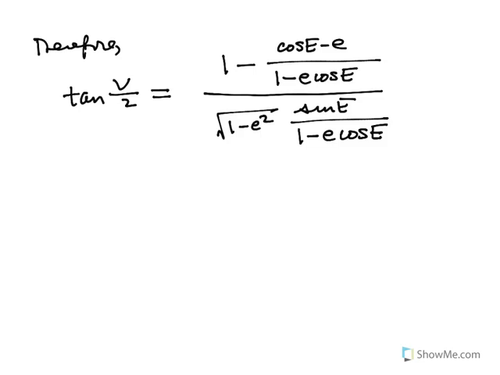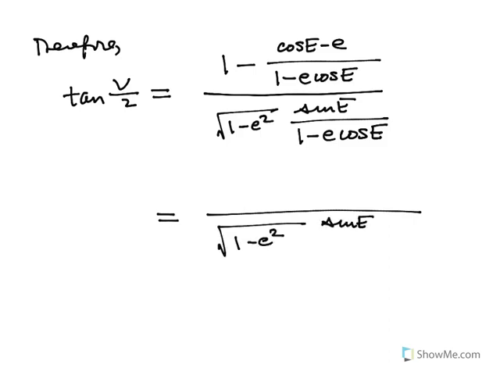Now, again, let's put everything over a common denominator. So the denominator stays the same. It's 1 minus e squared sine of e, all divided by 1 minus e cosine of e. But the numerator is now put over 1 minus e cosine of e.